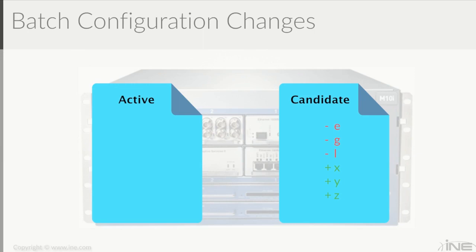Once you decide to commit, this candidate configuration will become the active configuration. But remember, any individual change means nothing until you commit. This allows you the possibility of working in a lot of changes and reviewing a lot of different changes at the same time without affecting user traffic, without breaking anything, because until you hit commit, it won't become the active configuration.